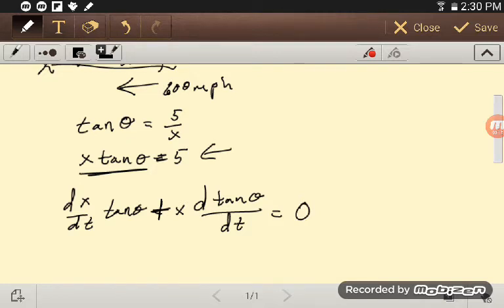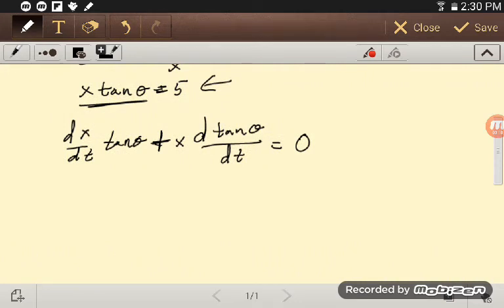Okay, so we have dx dt, which we happen to know. We know that's minus 600 because it was coming in toward our reference point. So I could go ahead and write that, minus 600 times tangent theta.